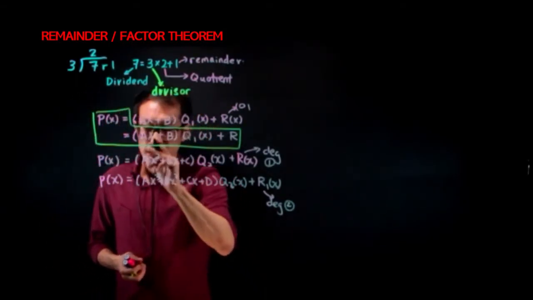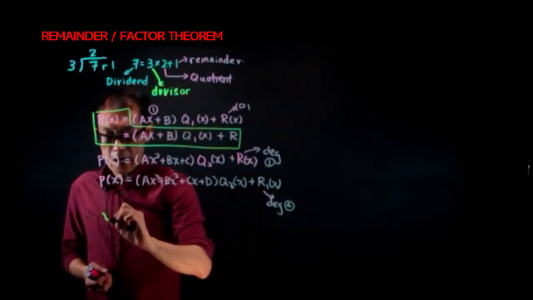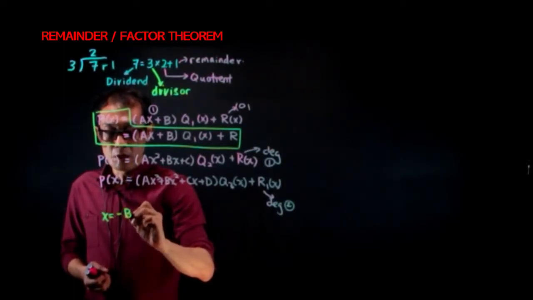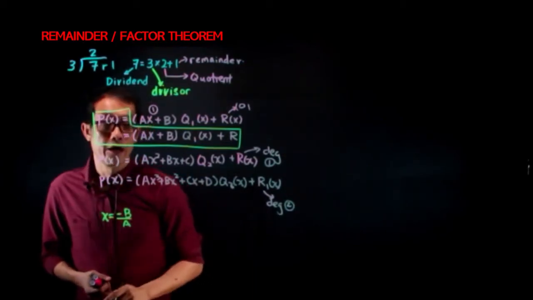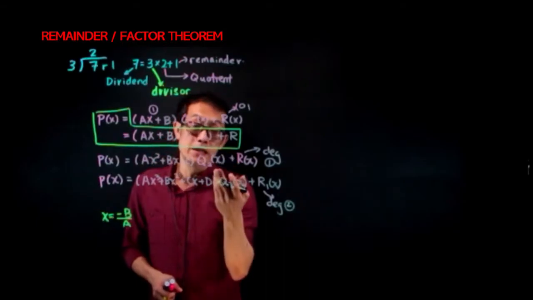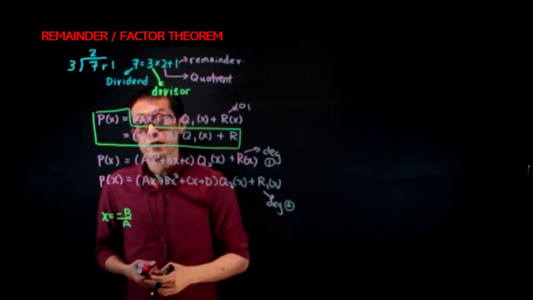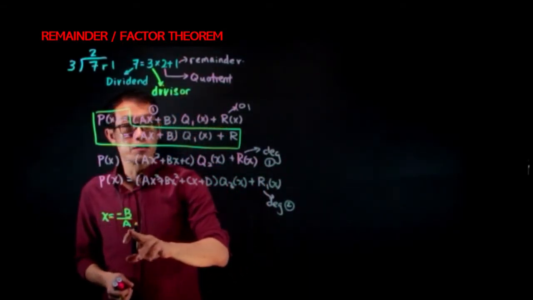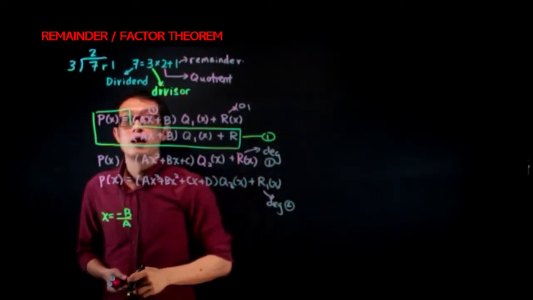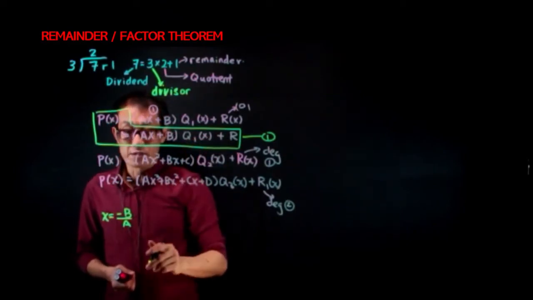Now, let us substitute x is equals to minus b over a. Alright, how I get minus b over a? I equate ax plus b to 0, so I get minus b over a. Let's substitute minus b over a into this expression.